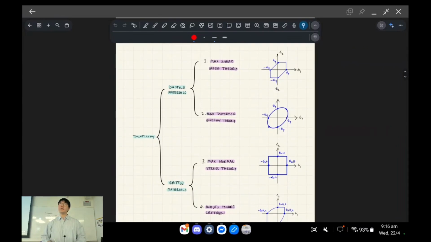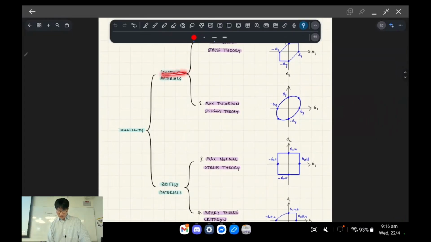It kind of relates solid mechanics to the material science stuff, right? So you've learned about what stress and strain are. And then this topic is putting into perspective some theories that people have on the behavior of materials. Broadly speaking, there are two groups: ductile materials and brittle materials, right?